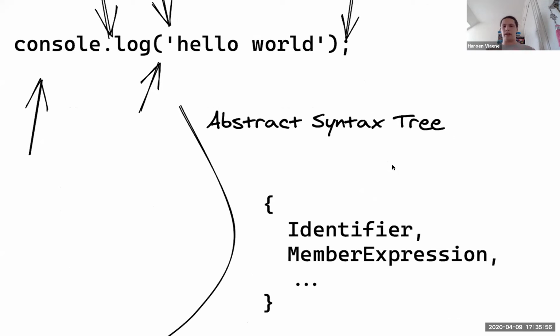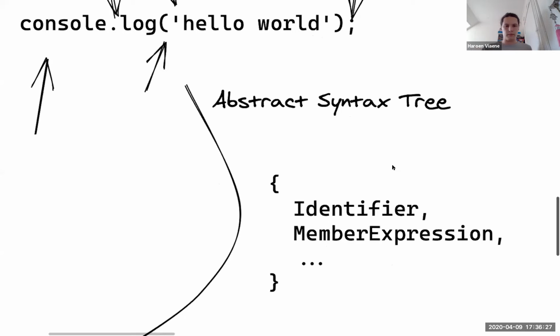And it's pretty interesting that this is a tree, because that means you can use all of the algorithms you know to walk trees. So you go to the next thing, whether you do that depth first or breadth first, that's out of the question now. But what's important is that you can transform this tree into another tree and then make that back into code. And that's where the power lies.